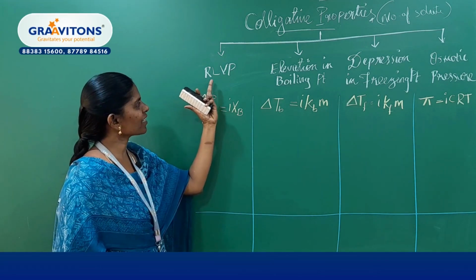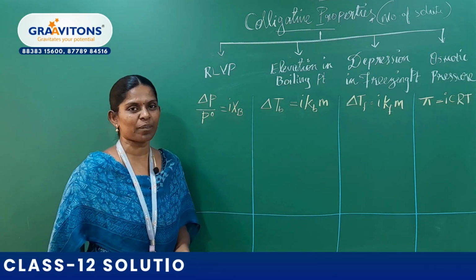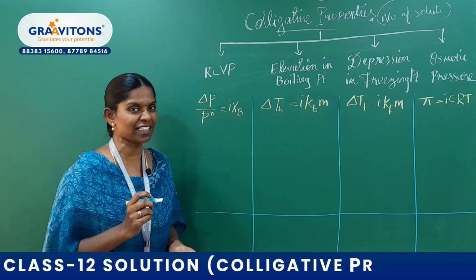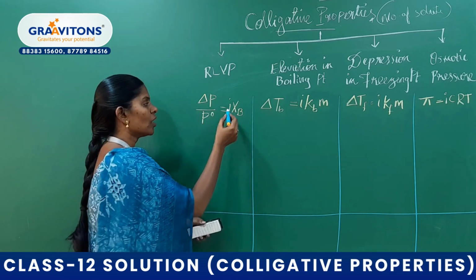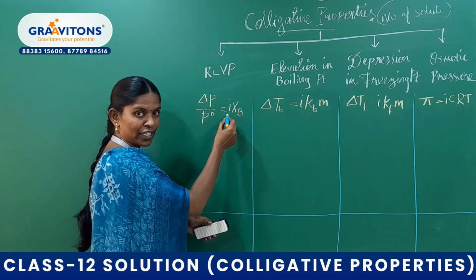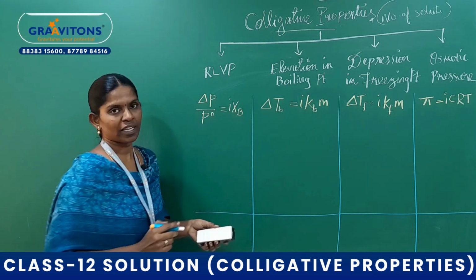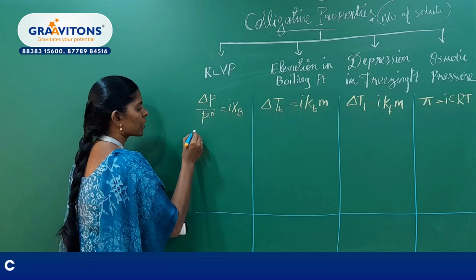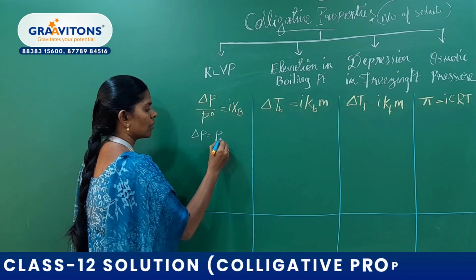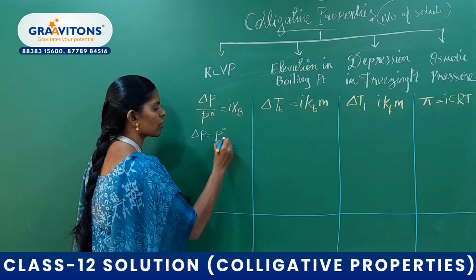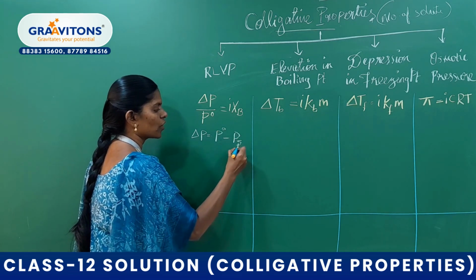Under RLVP, relative lowering of vapor pressure, we know the expression: delta P divided by P naught is equal to i, the Van't Hoff factor, into the mole fraction of solute. Now, delta P is the vapor pressure of pure solvent minus the vapor pressure of solution.